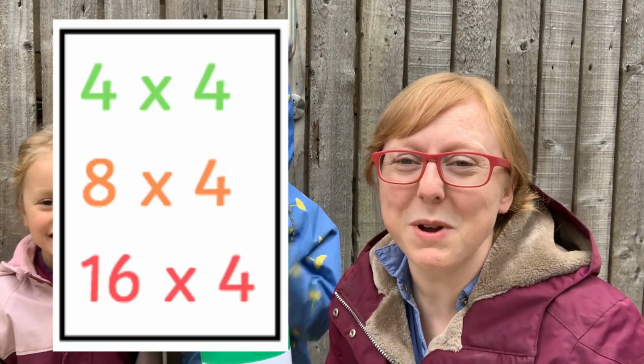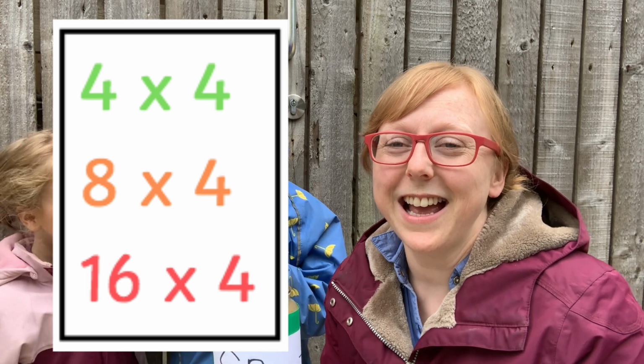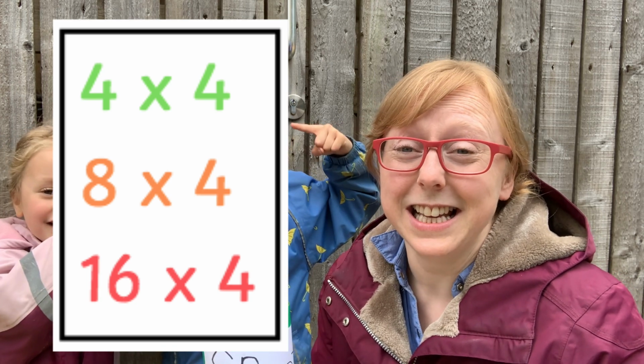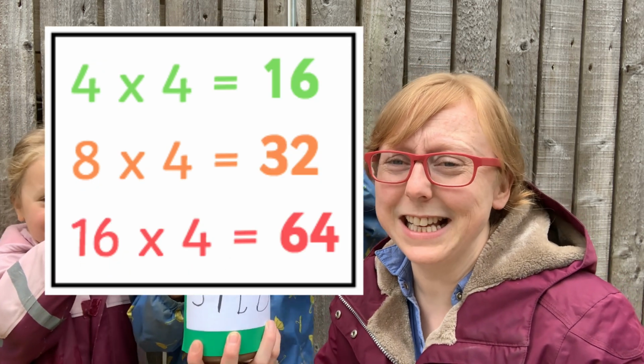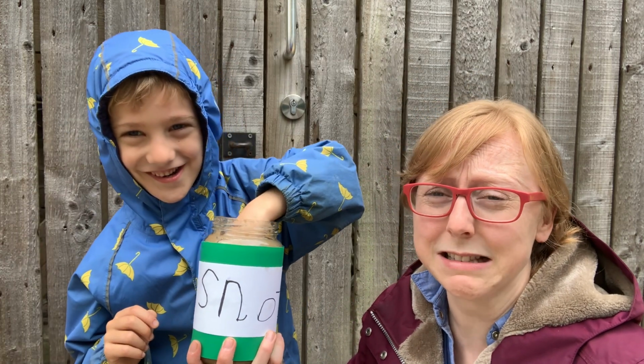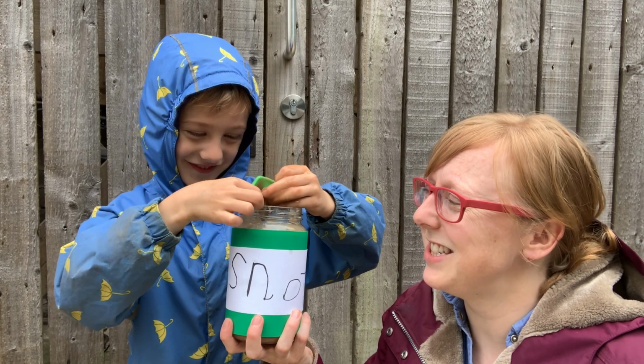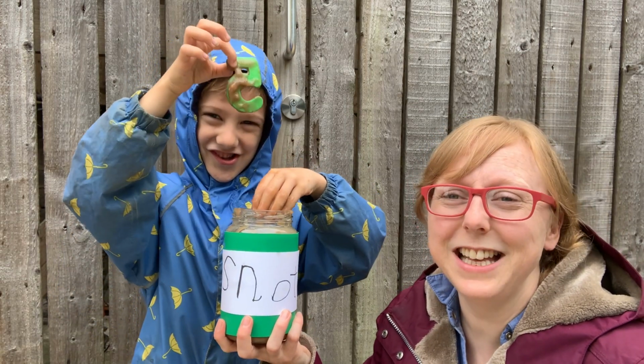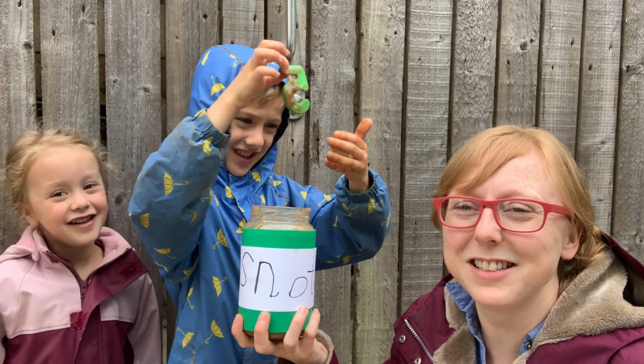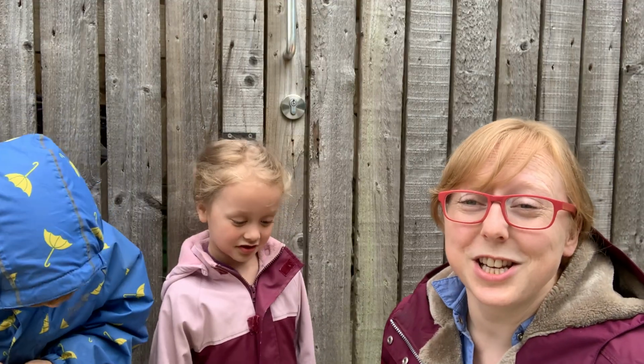Here are your times tables questions today. And the answers. Did you get it right? If so, Ezra, dive into that dragon snot. What did you get? A 5. Pretty good. Well done.